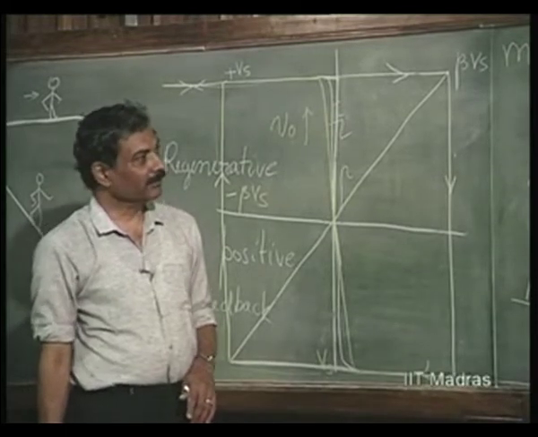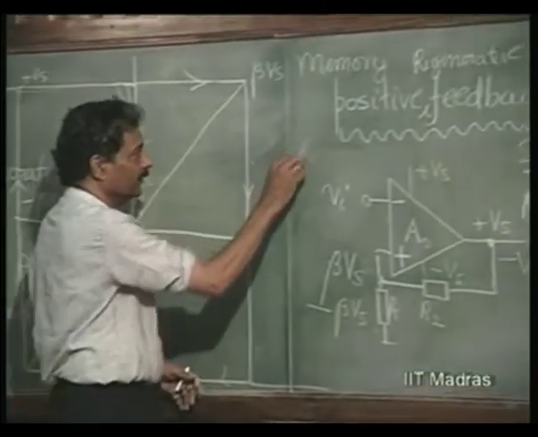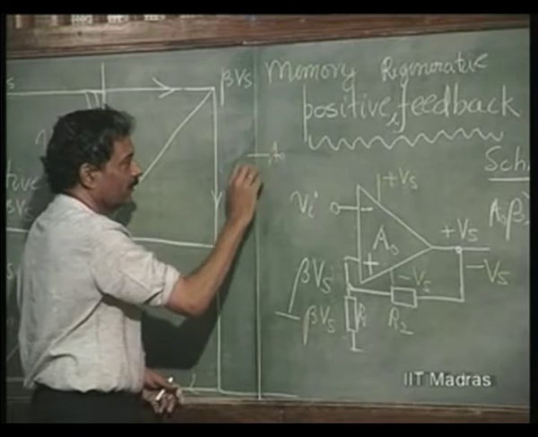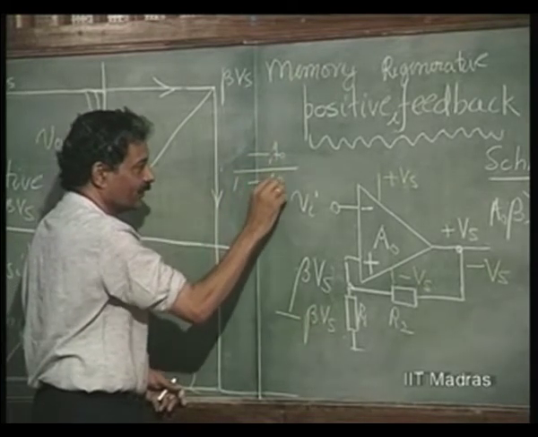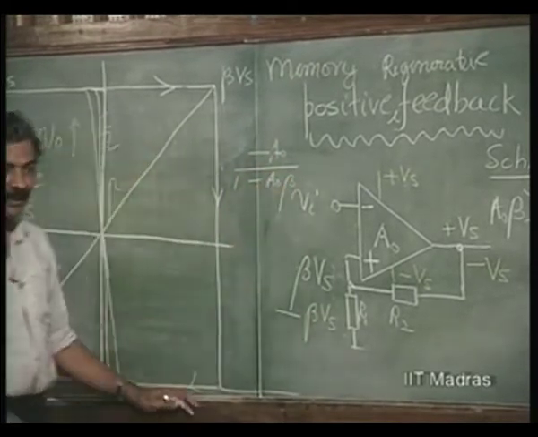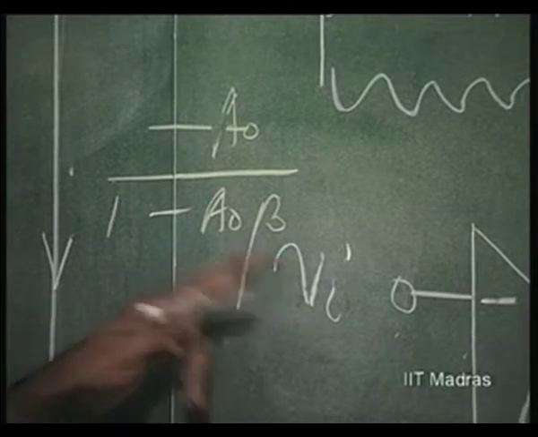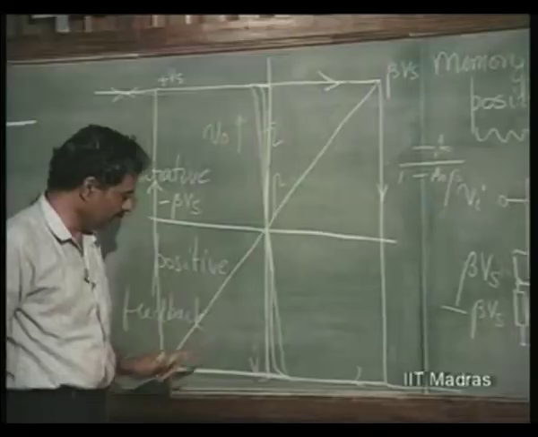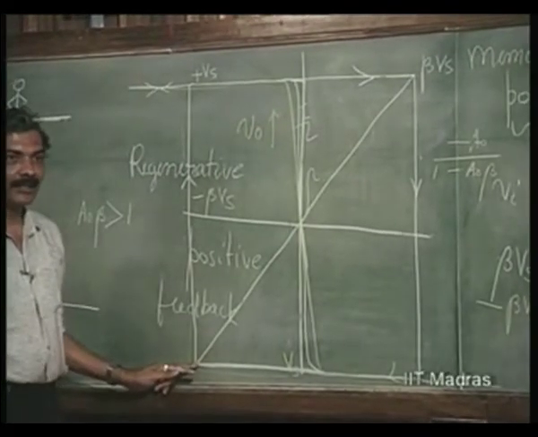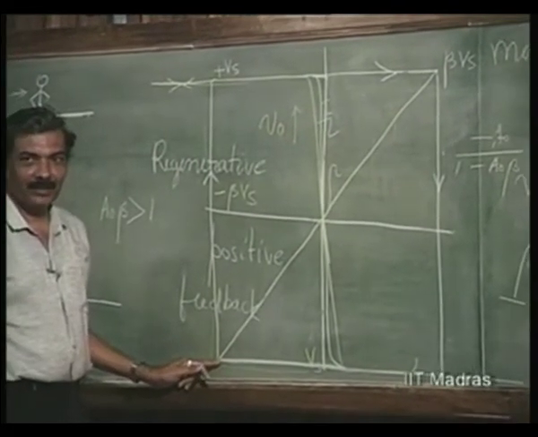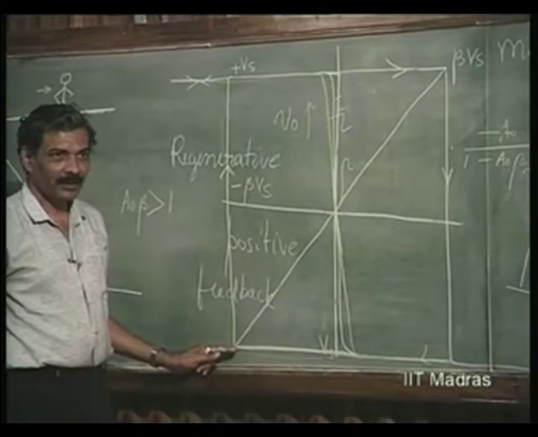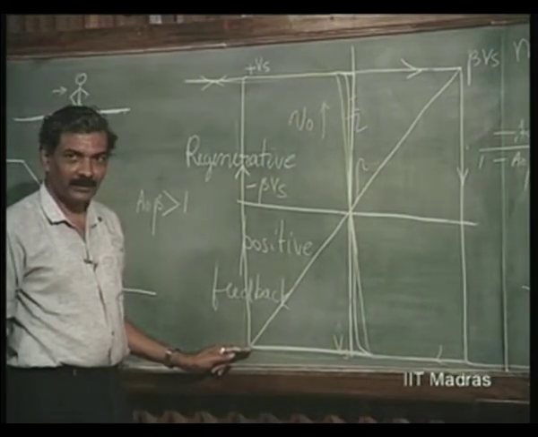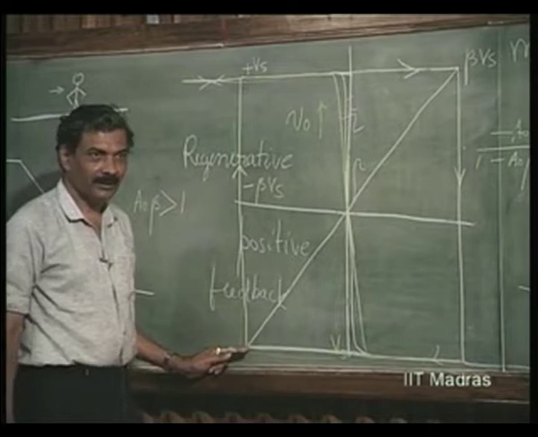In fact, that expression you see, minus A naught divided by 1 minus A naught beta, should not be used. But if A naught beta is much greater than 1, it becomes 1 over beta. It just indicates that if you join these corner points, the slope is 1 over beta. Corner points of transition from one state to the other state.